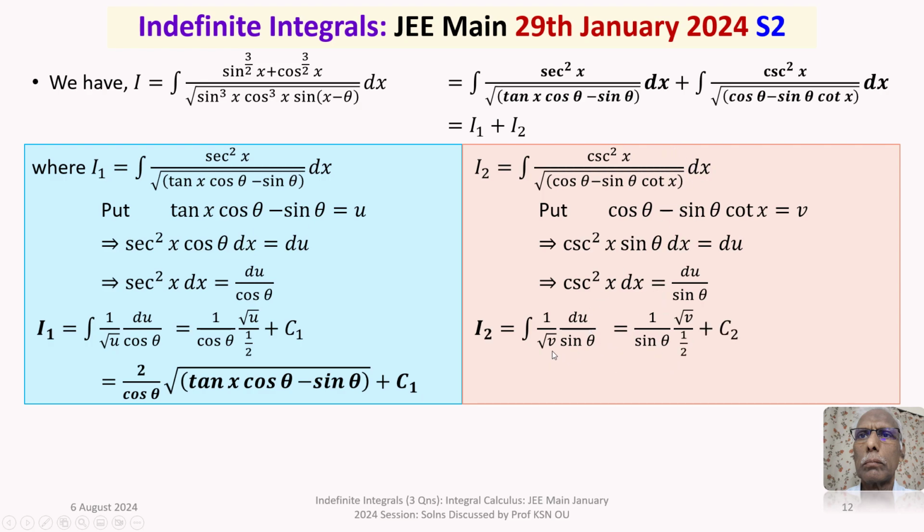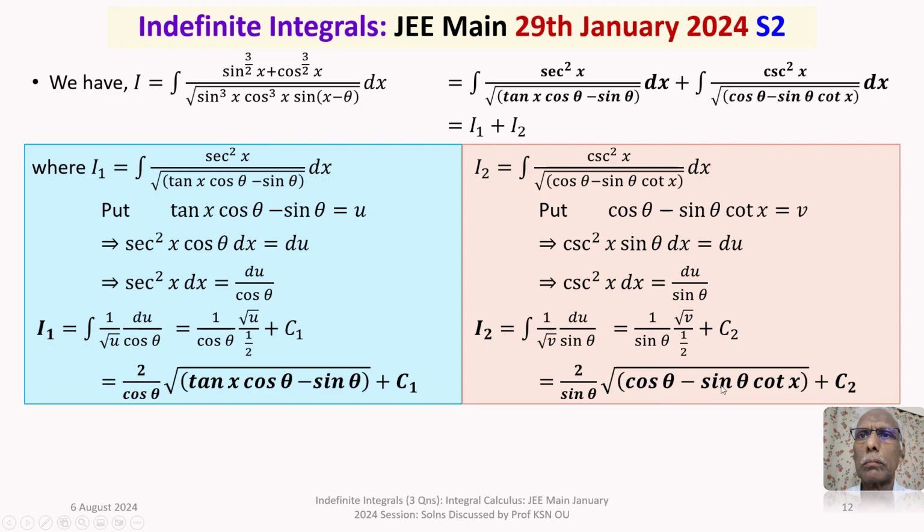That is 1 by sin theta into the integral of 1 by root v dv. It's not du, it is dv. It will be 1 by sin theta into root v by 1 by 2 plus c2. And that is 2 by sin theta into the square root of v.